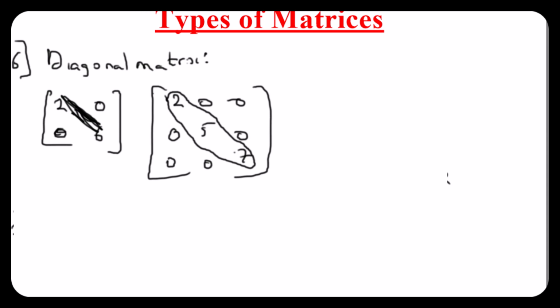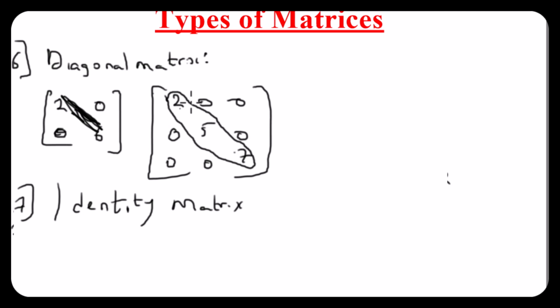Moving on to the seventh one. The seventh matrix we have is also a special type of square matrix, the identity matrix. The identity matrix is a square matrix in which all the diagonal elements are 1 and all other elements are 0.